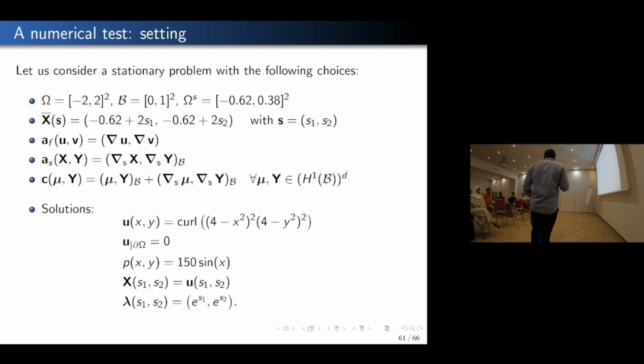And then C is the H1 scalar product. Najwa was speaking about the L2 case, the duality pairing case. We now focus on the H1 case, and we choose this solution, put it in the equation, and compute the right hand sides accordingly.